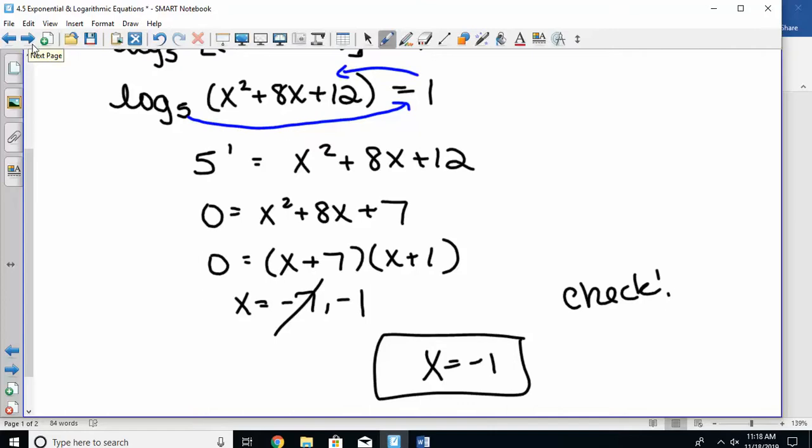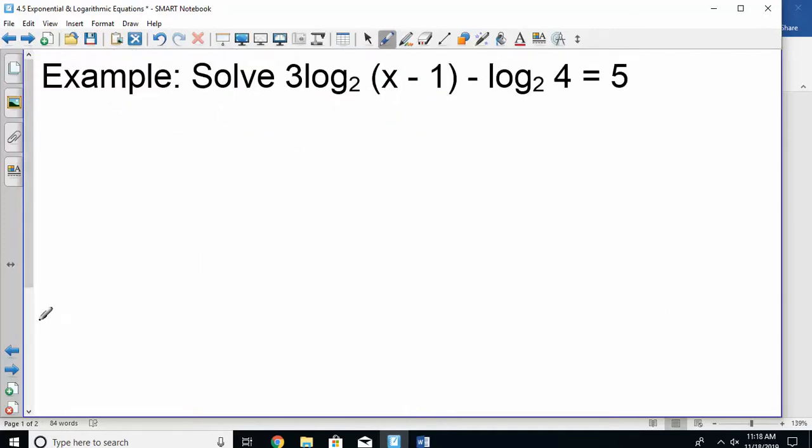Let's do this one next. Alright. Thoughts?